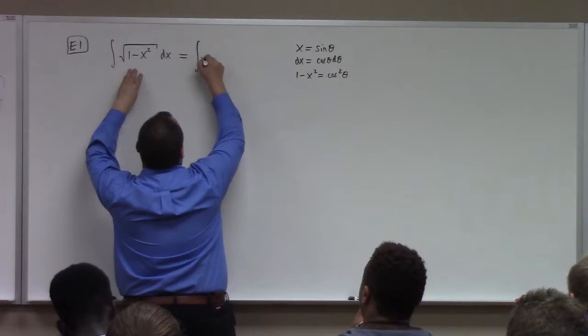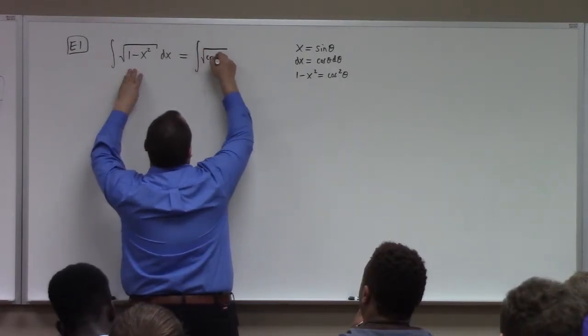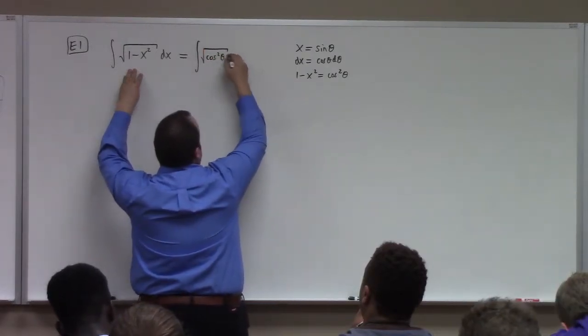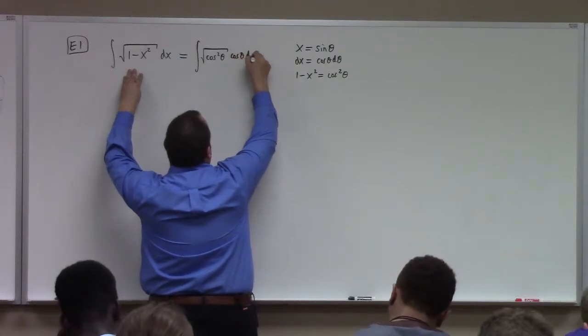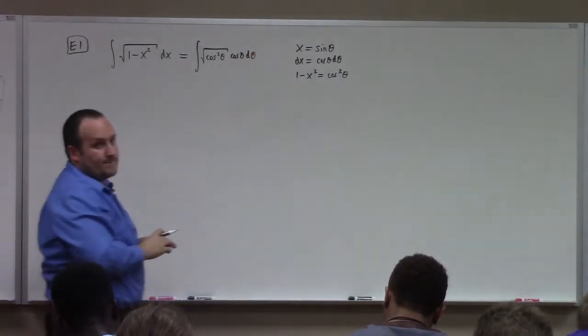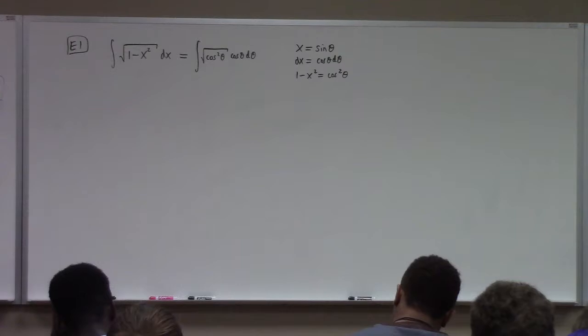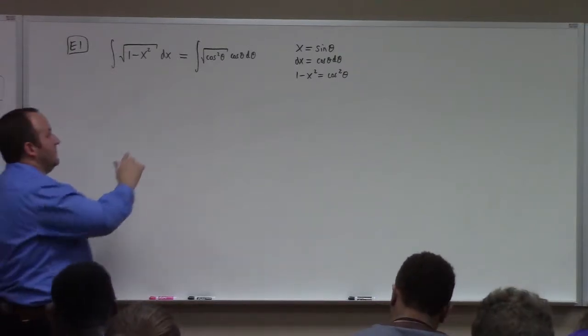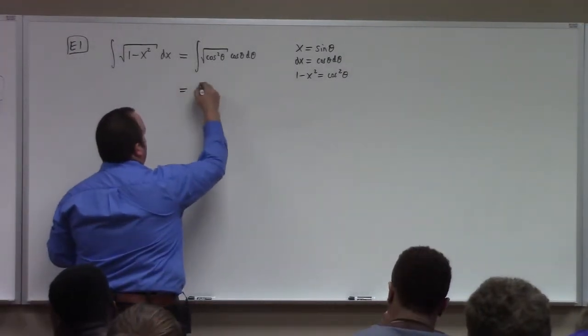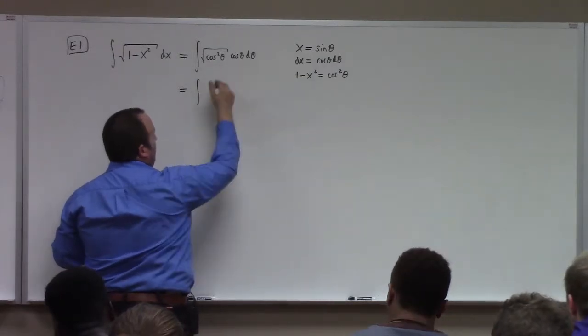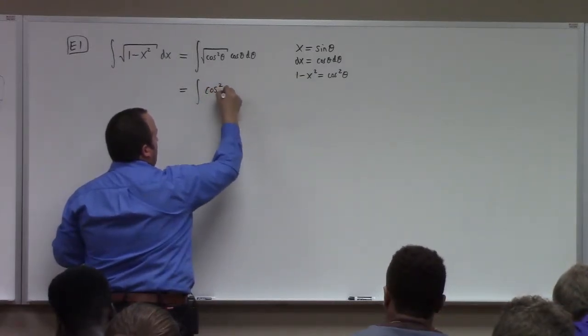So what I have is the square root of cosine squared theta, and then my dx is cosine theta d theta. Aha! But the square root of cosine squared is cosine. So I get cosine times cosine, which is cosine squared d theta.